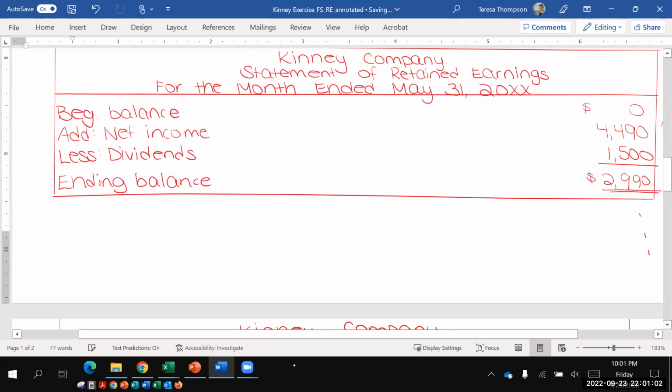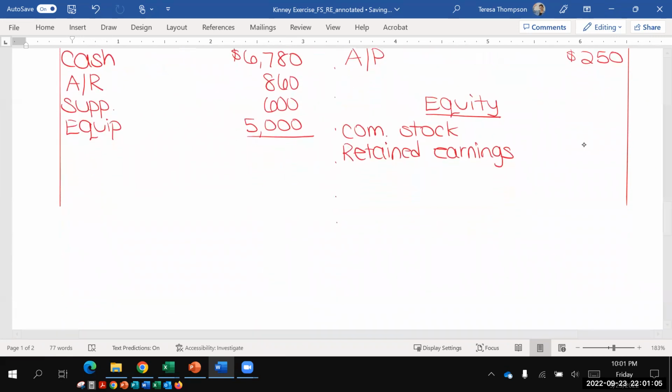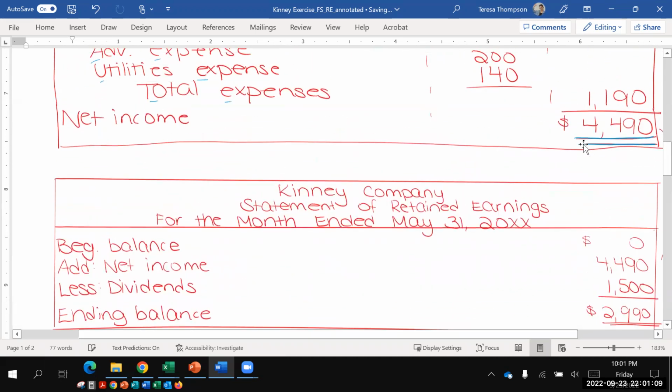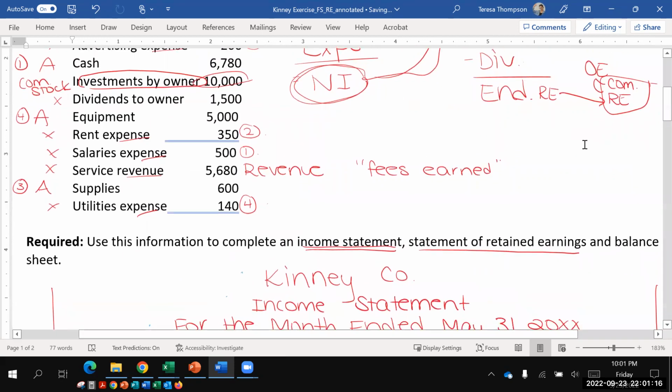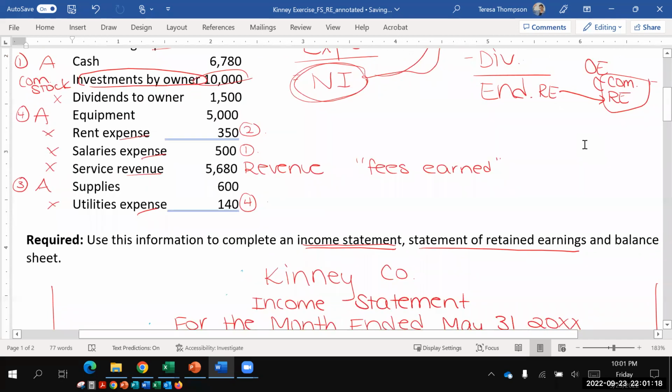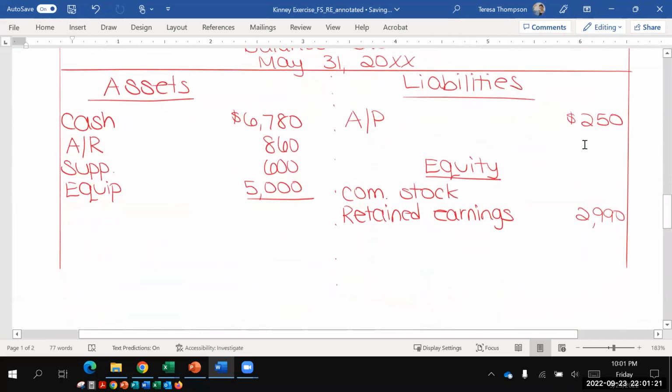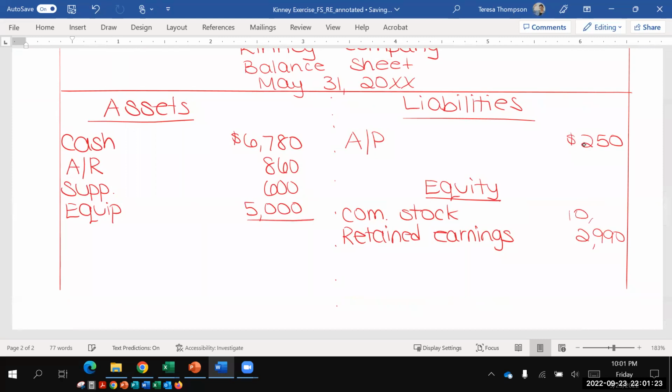Bring down your retained earnings, 2990. Go find your common stock balance that was given to you. Right here, common stock, which is synonymous with investments made by the stockholders or owners of the company. So $10,000. Since we have more than one equity, I'll go ahead and do a subtotal for total equity. And that should be 12,990.